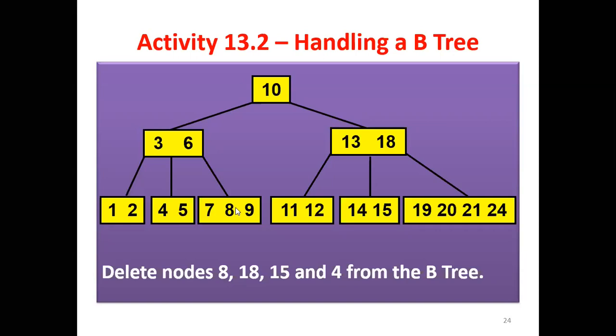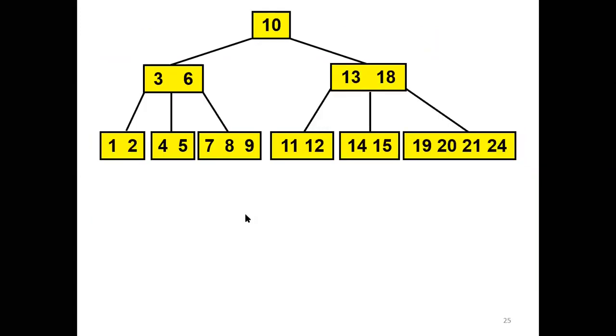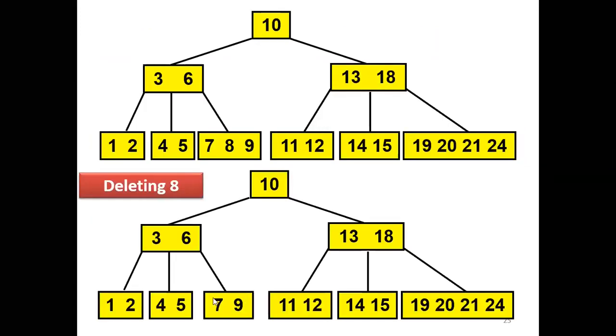So in this case, we can delete and our operation will be completed. But let me stop there. We'll explain the rest later. So in that case, if we delete 8, we're going to delete 8 and we'll have 7, 9 left.